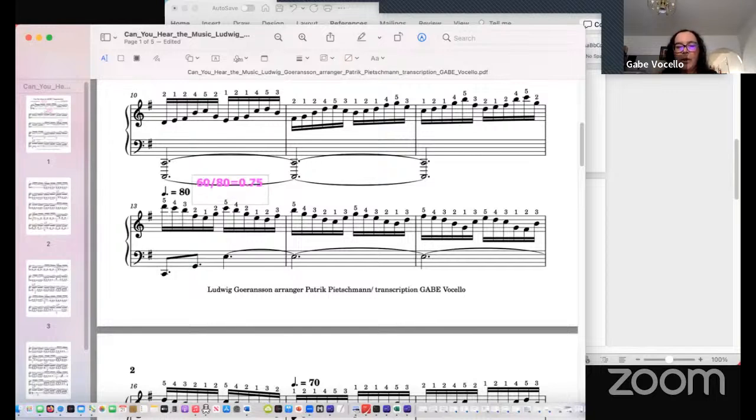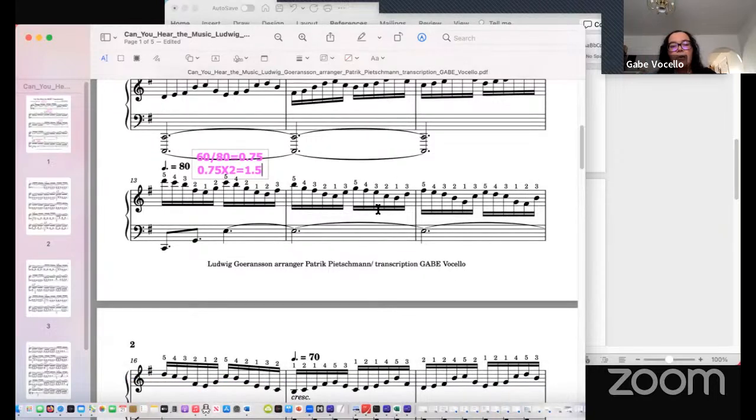But I have 2 beats in each measure, so it's 0.75 multiplied by 2, that is equal to 1.5. But I want to know for 4 measures, so measures 13, 14, 15, and 16. So 1.5 multiplied by 4 is equal to 6.